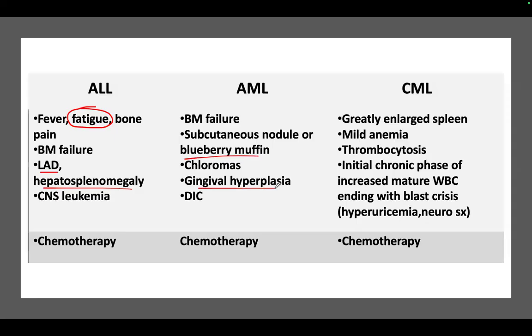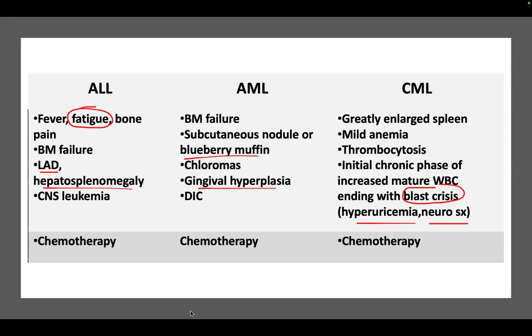It can also present with gingival hyperplasia, and in severe cases, DIC. CML can present with splenomegaly. It can present with a blast crisis, so there's hyperuricemia on top of neurologic manifestations. Headache, change in sensorium, okay?